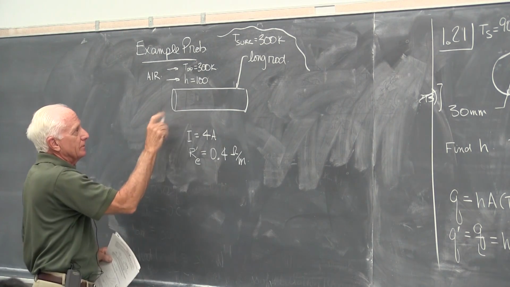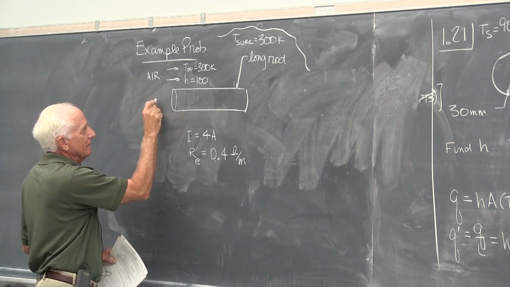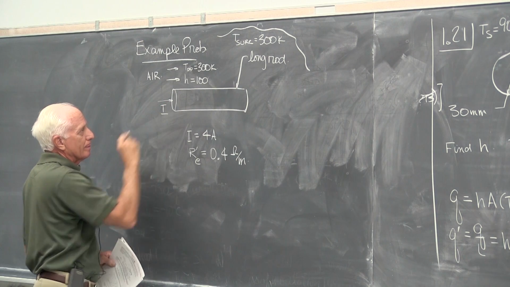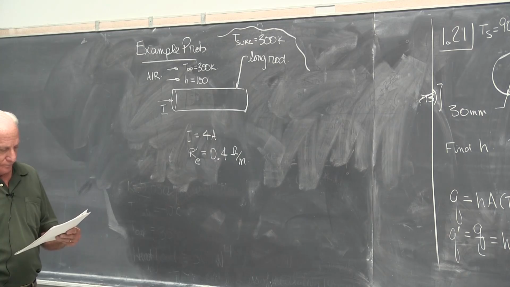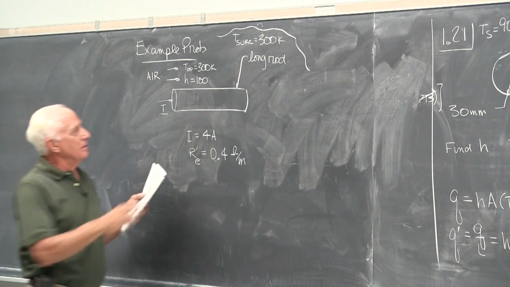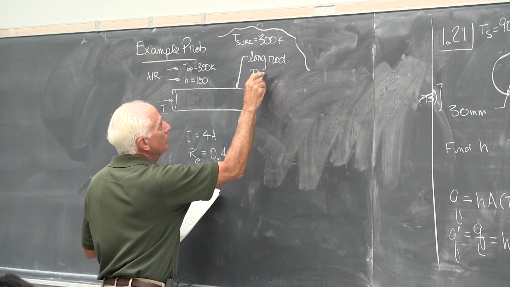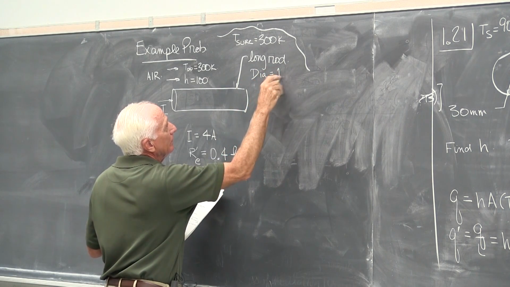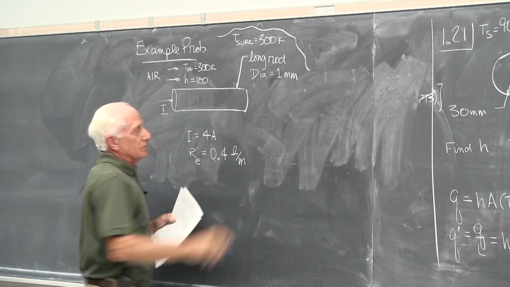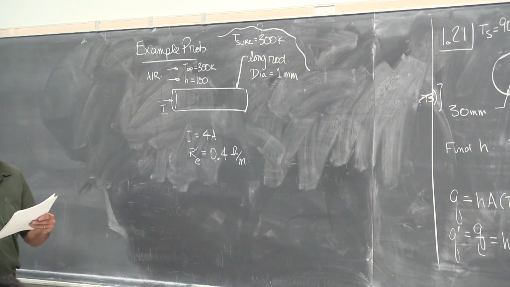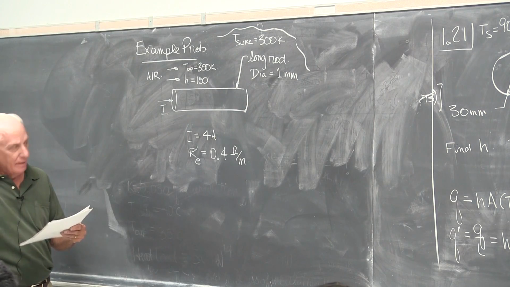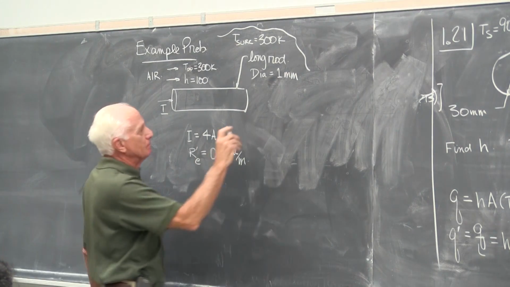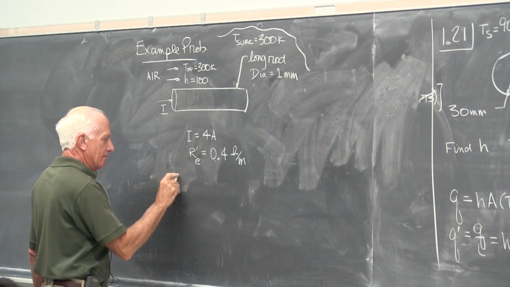Okay, so we have the current going through the wire, current I. It's a solid rod. I think that's all. Oh yeah, the diameter of the rod is 1 millimeter. It's more like a wire. Find the surface temperature of the rod.